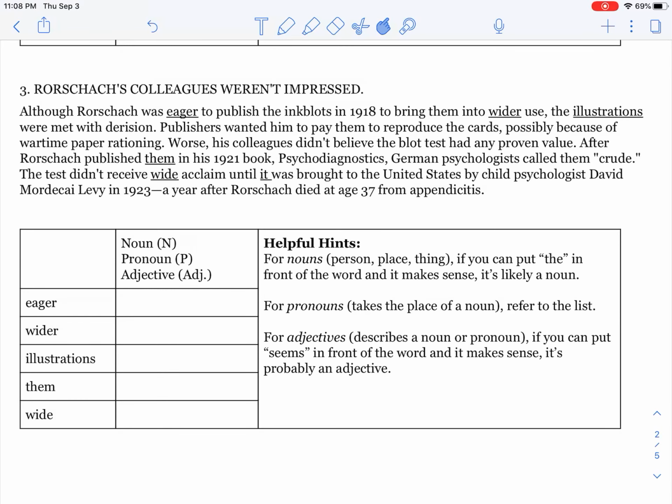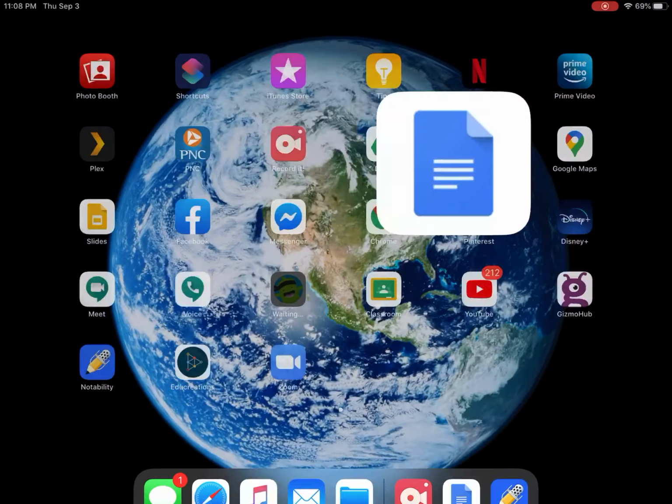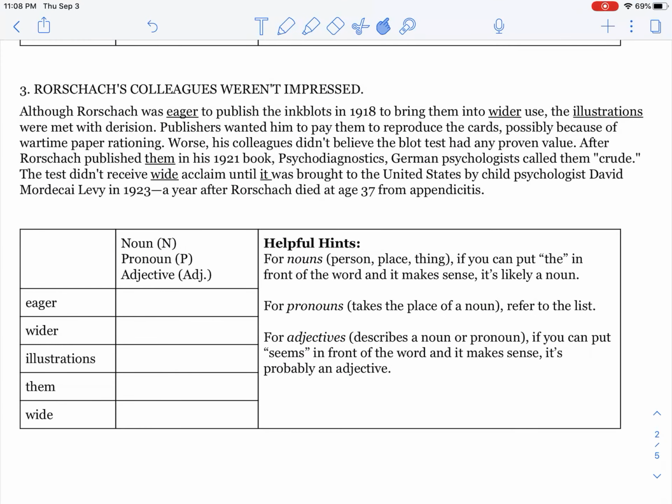Okay, so let's take a look at eager. Is it the eager? Is it taking the place of a noun on this list here? See the word eager anywhere on this list? Nope. Is it seems eager? Could you say someone seems eager? Yes, you could. What about wider?